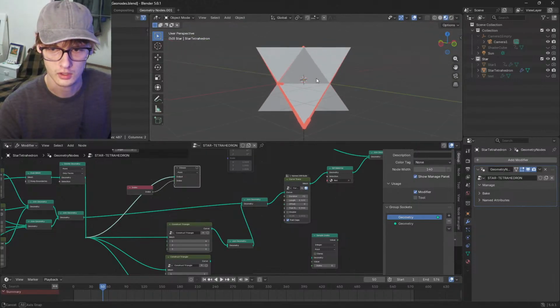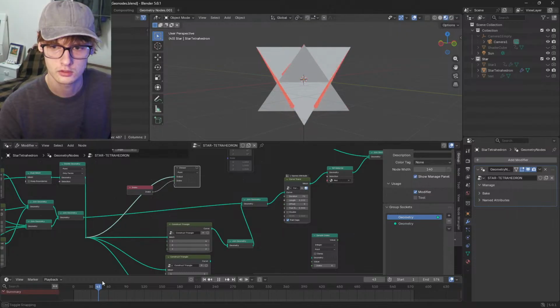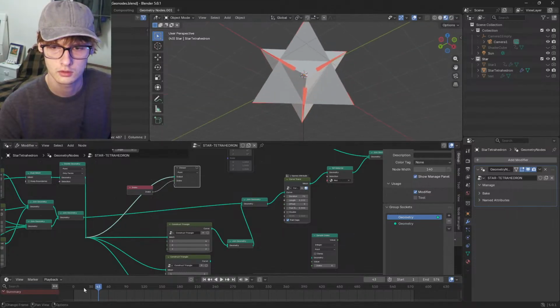Currently, yeah, that's the way it's going, but so right at about frame 36, I don't even know if the frame number is relevant here.